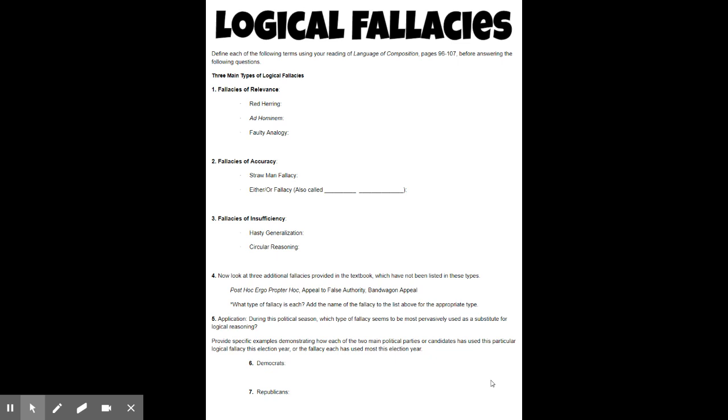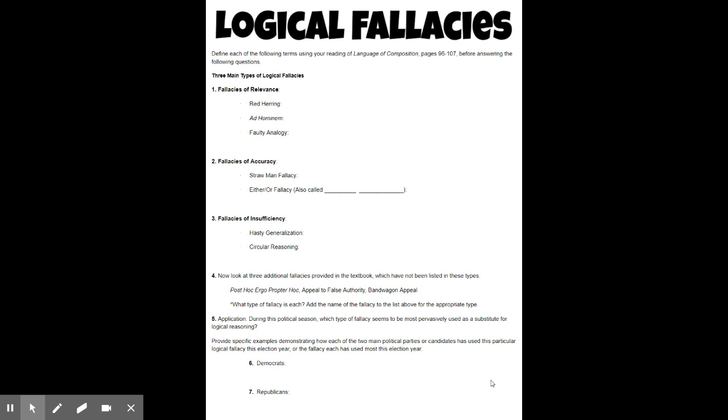So at the bottom, it says, provide specific examples demonstrating how each of the 2 main political parties or candidates has used this particular logical fallacy this election year, or the fallacy each has used most this election year. So you might actually have to look up some ads. You could look for presidential ads.